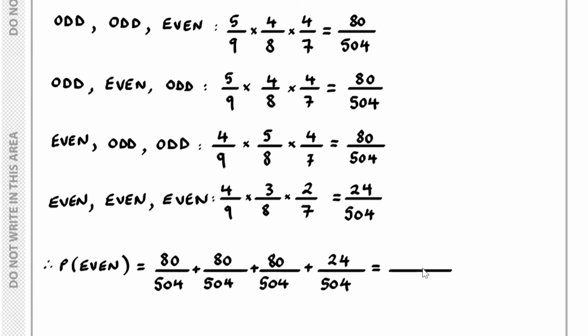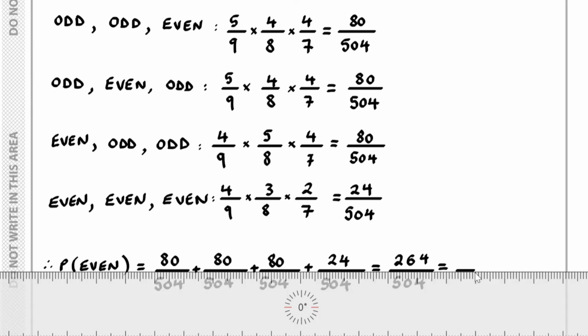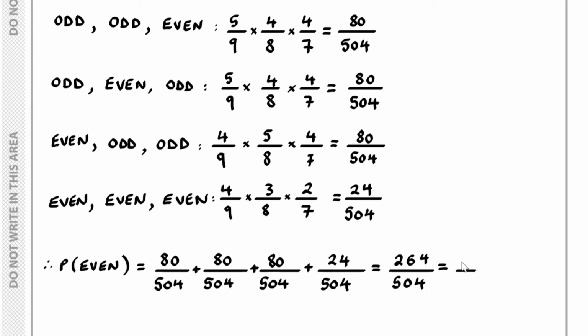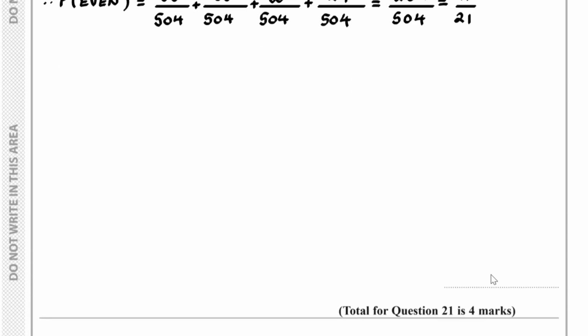So if I work this out, I get 264 out of 504. And if I work out what this is, it turns out I get 11 over 21. So the probability of selecting an even number is 11 out of 21.